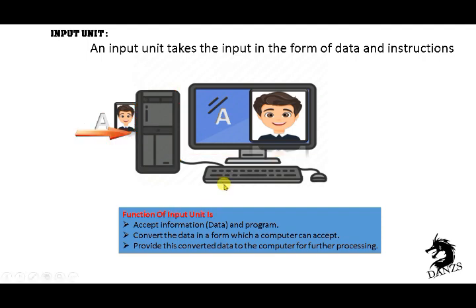The function of input unit is to accept information and program, then convert the data into the language the computer understands, and at last show the final result on the monitor screen. This way input, processing, output work. These are the three basic principles on which the computer works.